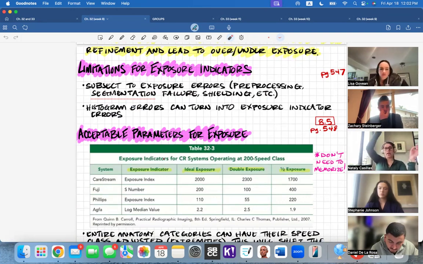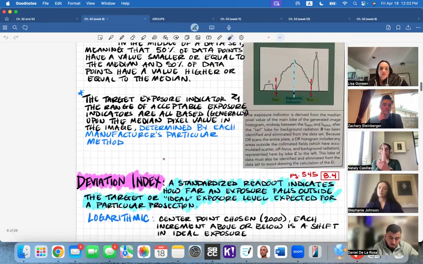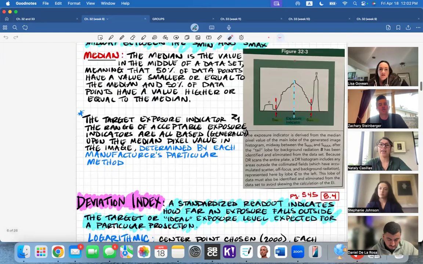And with that, that's where the histogram comes in, depending on the body part. If not that many fall on this side, but there's a lot that fall here, and then there's not that many, it's going to be that median number always, and that's going to be the EI number. The EI is how much radiation reached the plate, but the EI number gives you the actual number from that histogram.